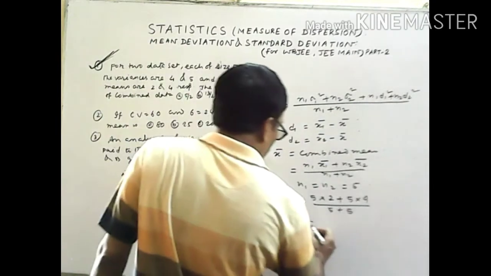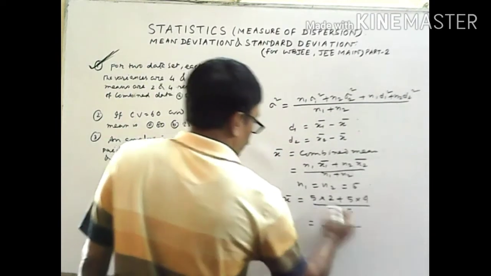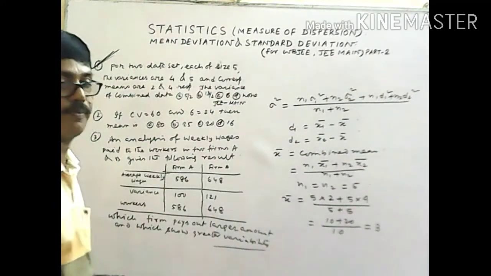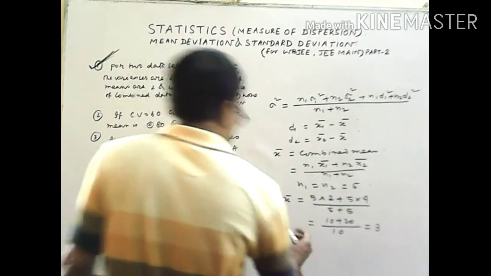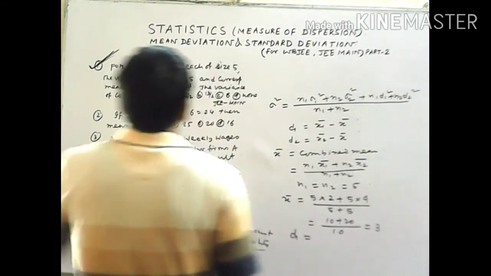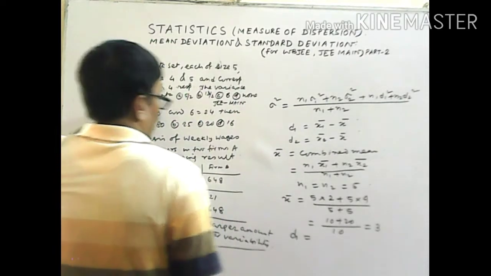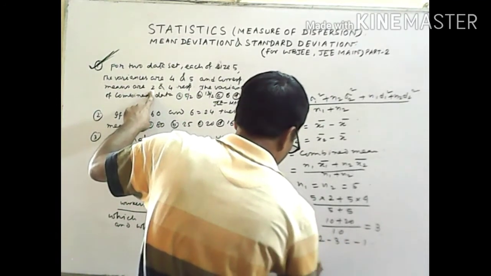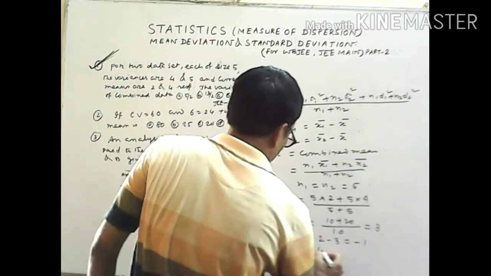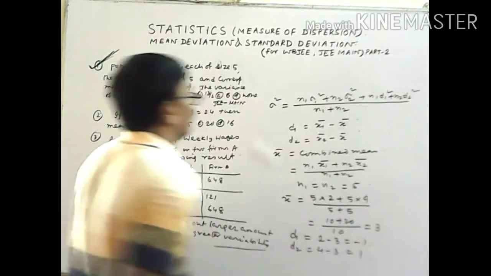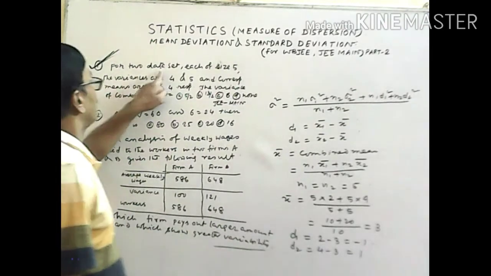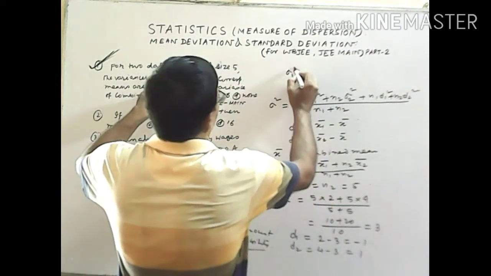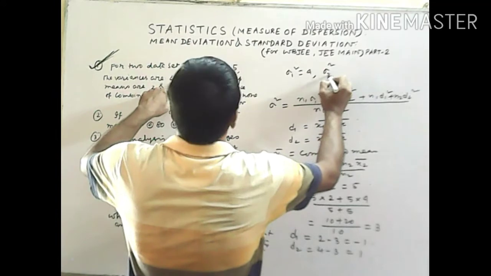That is 10 plus 20, so the combined mean x bar is 3. What is D1? D1 is x1 bar minus 3, and x1 bar is 2, so D1 is minus 1. And D2 is 4 minus 3 equals 1. Now the variances are given: sigma1 square is 4, sigma2 square is 5.